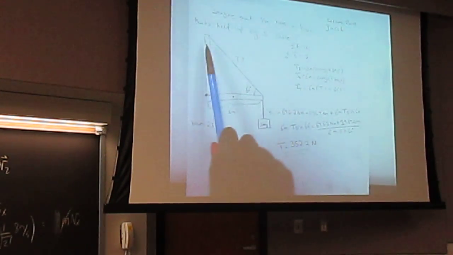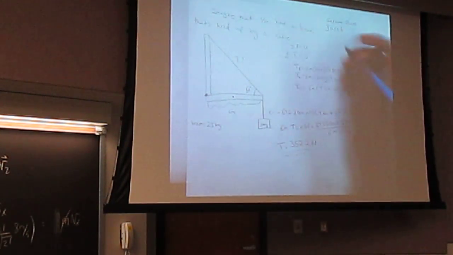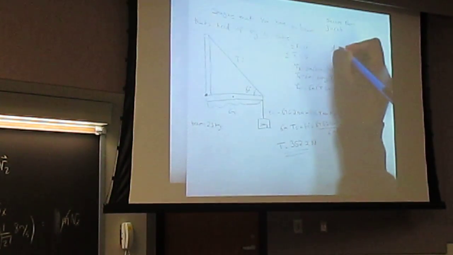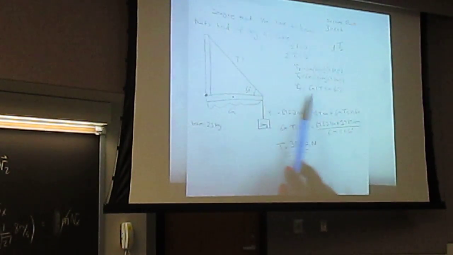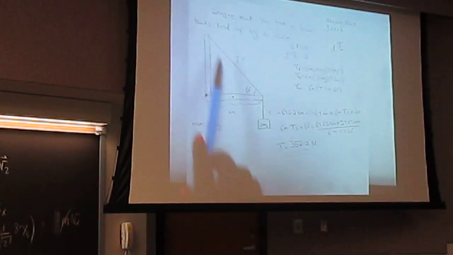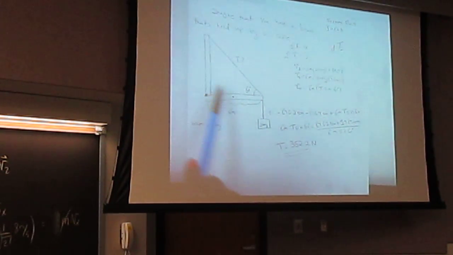And then finally the torque from this tension over here. We chose to do the distance times the perpendicular force T. The distance is 6 meters, and we found T perpendicular by using this angle here, 60 degrees.